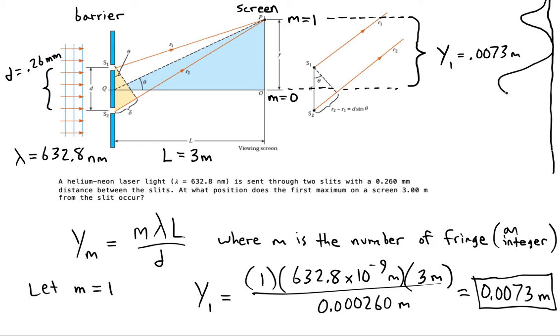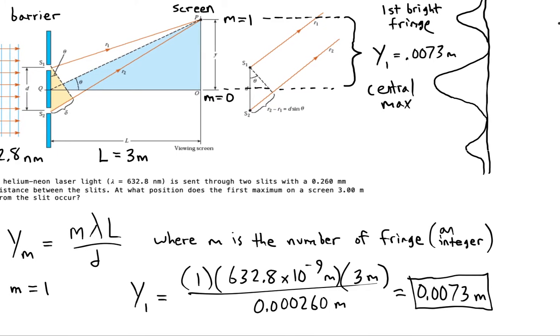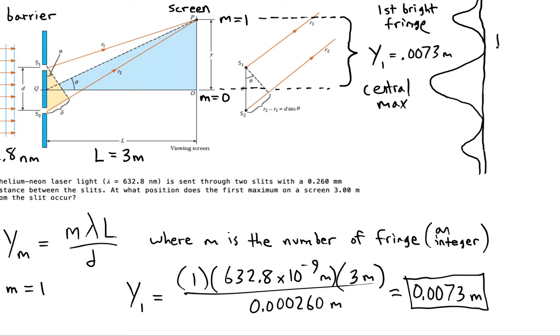And then it's bright again. There'd be a bright fringe down here as well. This is the central max. First bright fringe. And this would be a dark fringe.